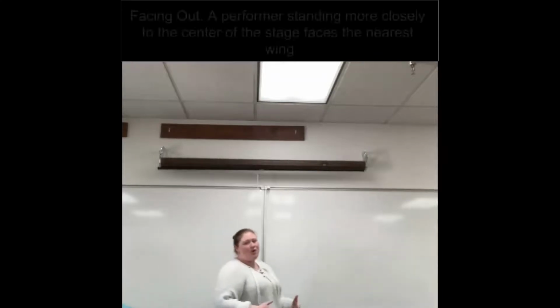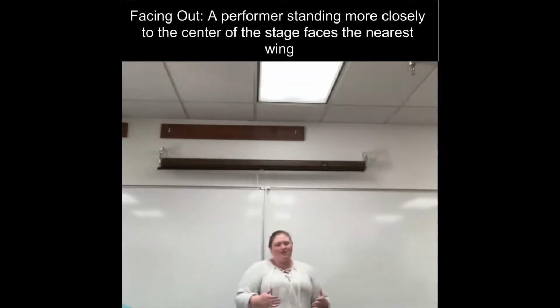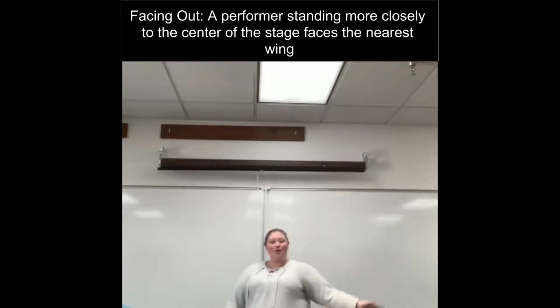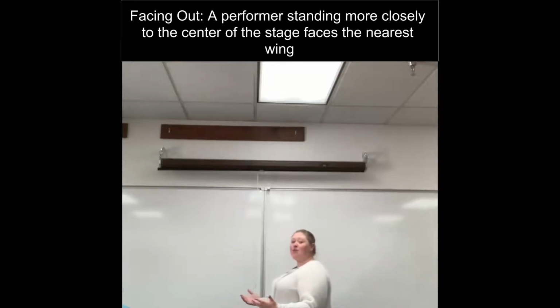If you have a performer a little more towards the middle of the stage, and they are facing towards one of the wings, either that wing or that wing, that performer is facing out, or turned out for the stage. To turn in means that you are facing towards the center of the stage. To turn out or to face out means that you're facing away from the center of the stage.